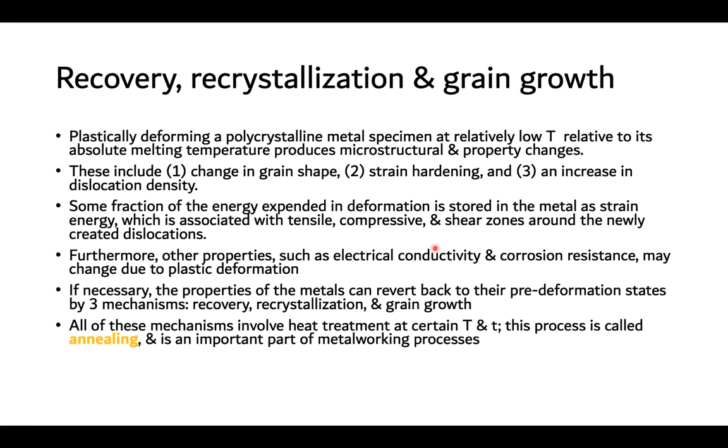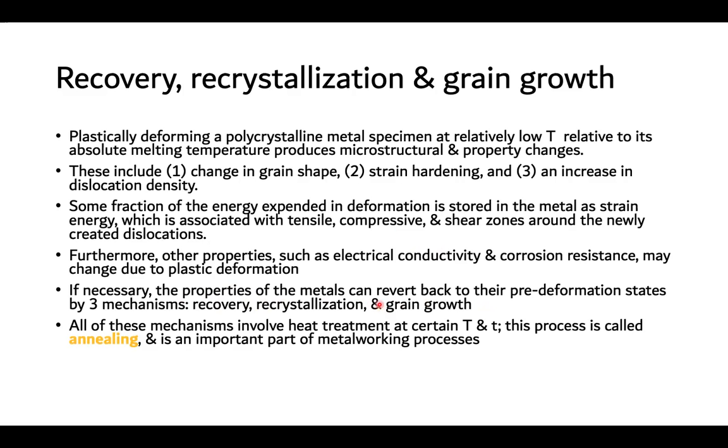a plastic deformation. So there are some properties that, unfortunately, we don't want to change in plastic deformation. If it is necessary, the properties of the metal can be reverted back into the pre-deformation state by adding three mechanisms: recovery, recrystallization, and grain growth.